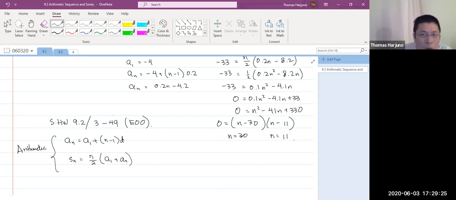That's why I don't really want you to think about the shortcut. Think about how to apply these formulas. That's better. Instead of thinking of so many different ways to do so many different questions, you better know how to manipulate these two formulas to do so many different problems. Okay, now that's for 9.2, arithmetic sequence and series.